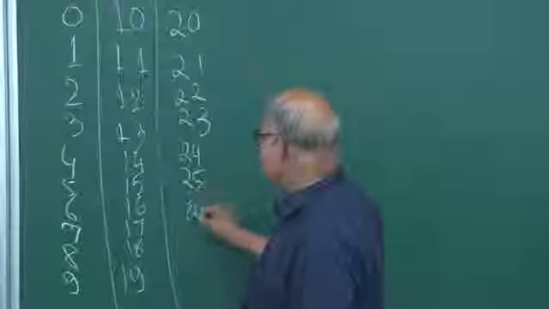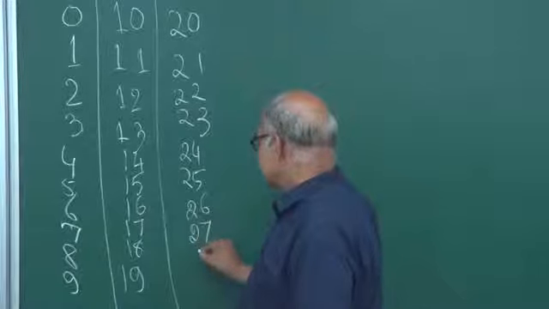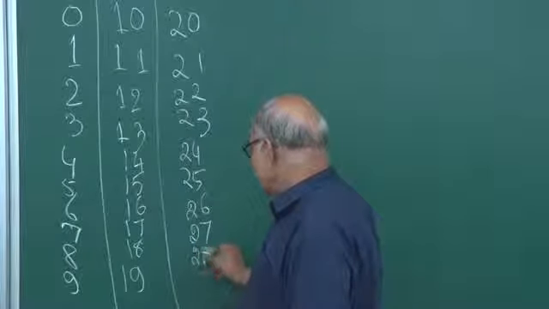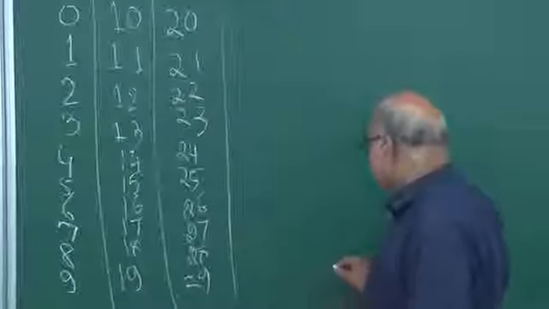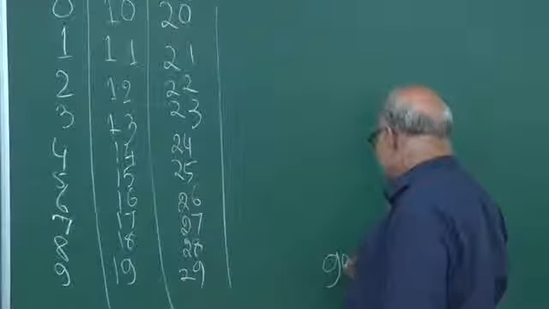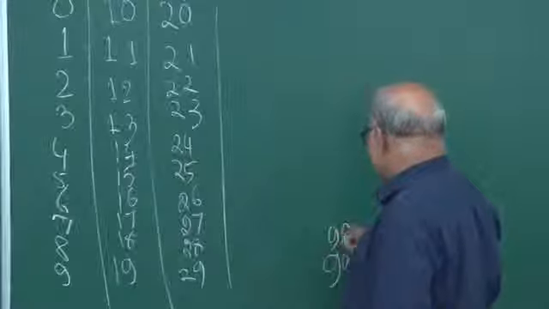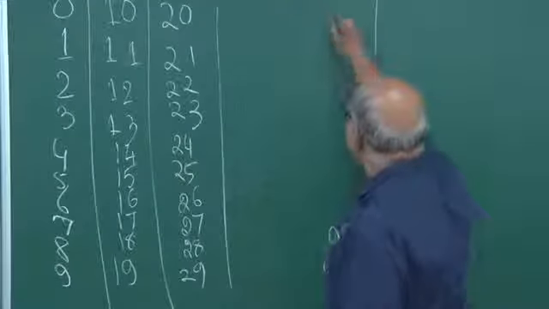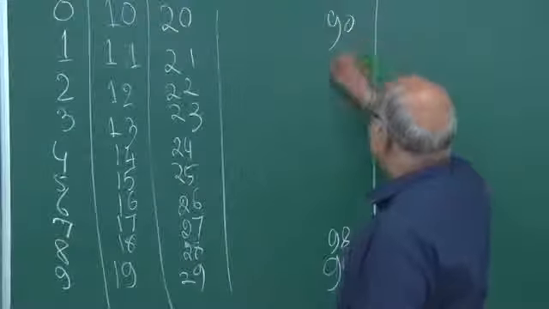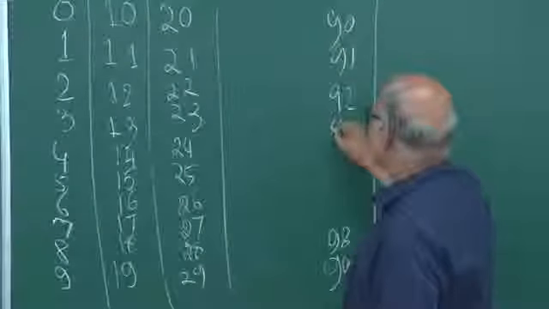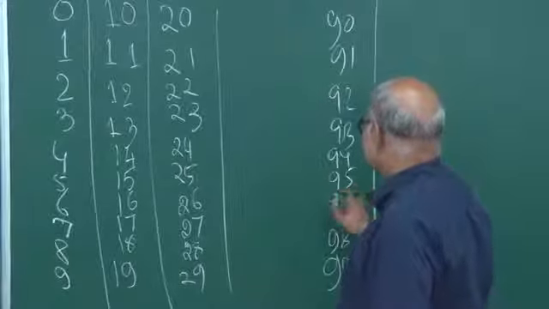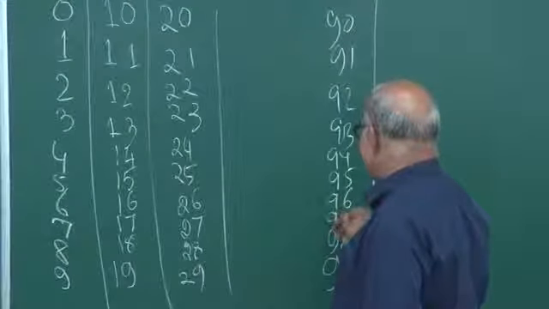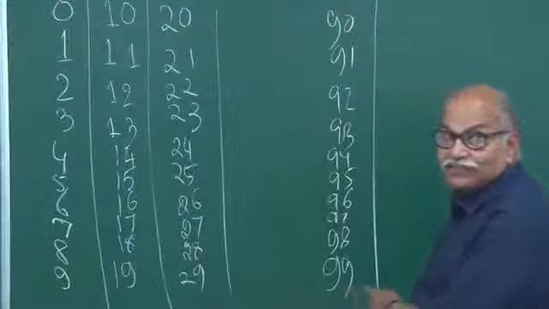So with these 10 symbols you write so many 2 digit things and so on till you reach 99. Okay, 91, 92, 93, 94, 95, 96 and 97, and now you have exhausted all your digits.